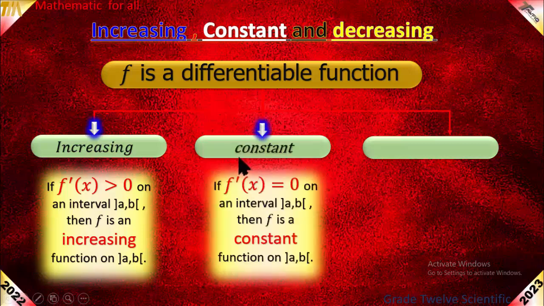The function is constant, a line parallel to the x-axis, if f prime of x is equal to 0 on the interval AB.